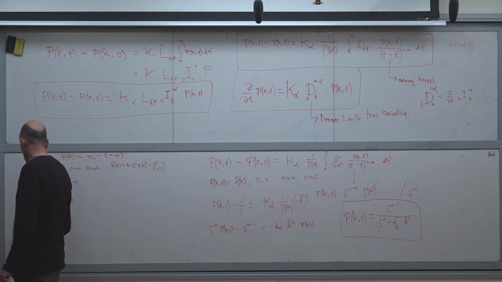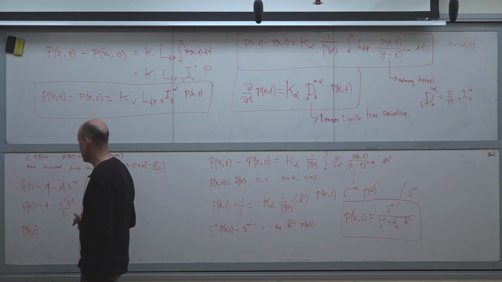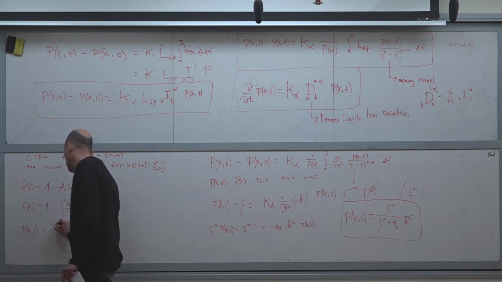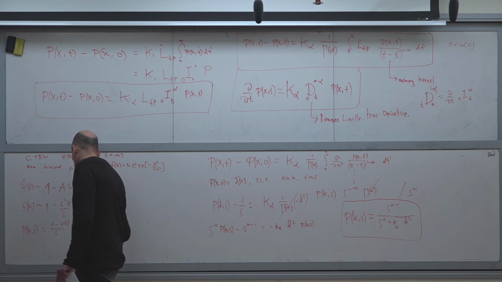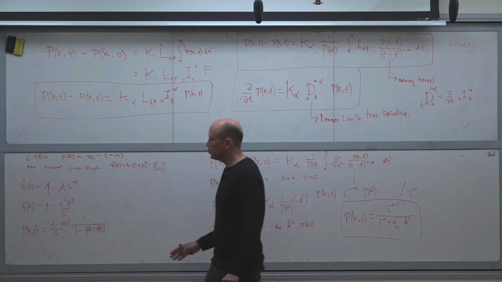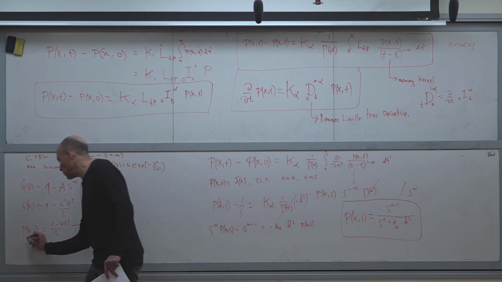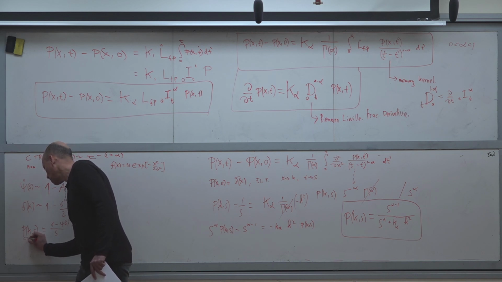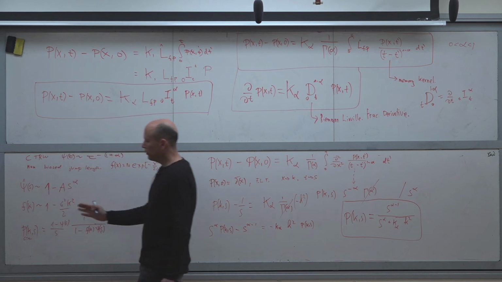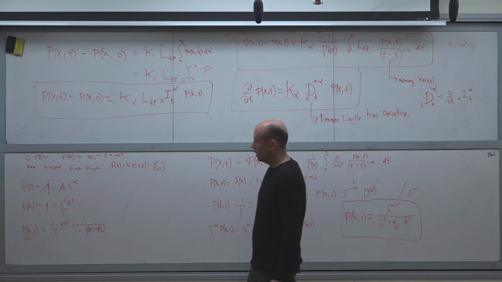Then according to the Montroll-Weiss equation, which is the solution of the CTRW, you have this object. Here what we did is we looked at the CTRW propagator in Fourier-Laplace space.